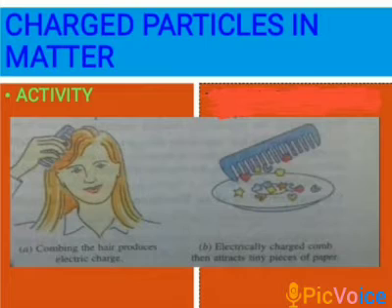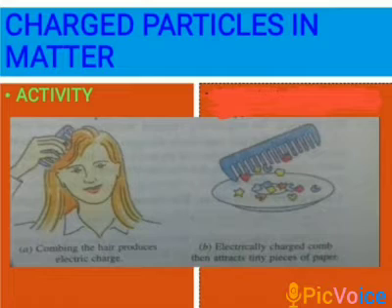Now, charged particles in matter. For understanding the nature of charged particles in matter, let us carry out the following activities. Just see in this picture, if we rub a comb in dry hair, then this comb attracts small pieces of paper. Or if we rub a glass rod with a piece of silk cloth and bring it near an inflated balloon, then the glass rod attracts the balloon.